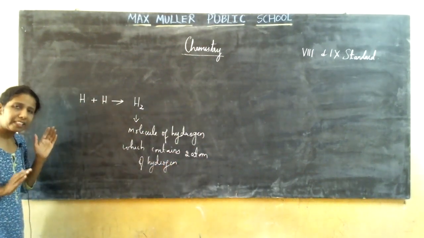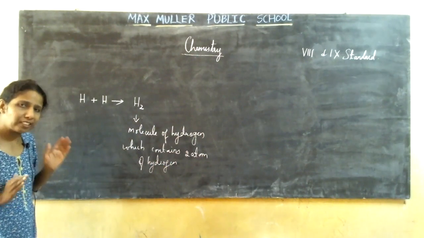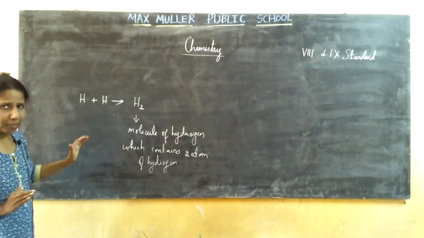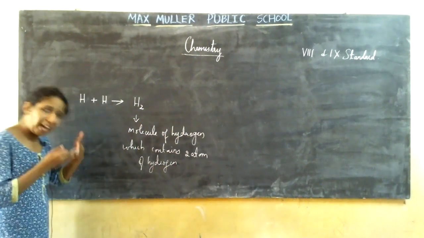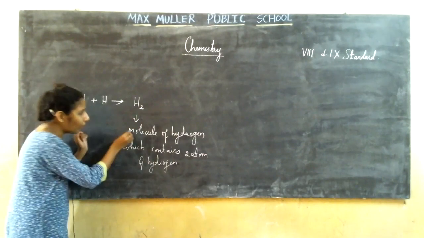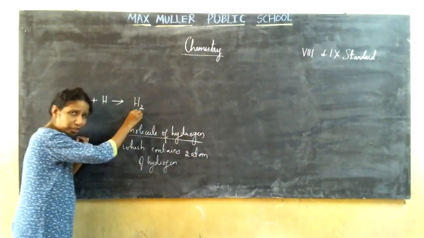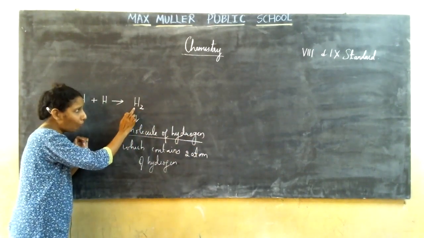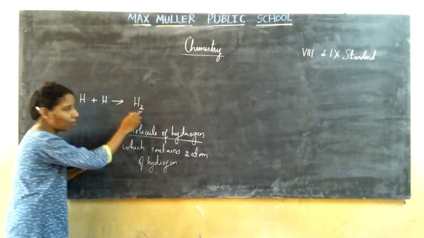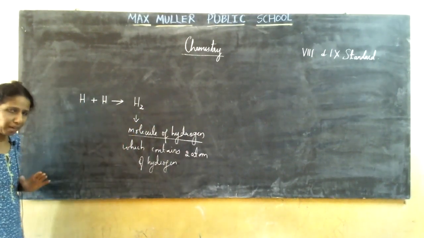Hydrogen atom does not exist on its own. That is, a hydrogen atom does not exist independently. So it combines with another hydrogen atom to form a molecule of hydrogen. This represents a molecule of hydrogen which contains 2 atoms of hydrogen. Do you people understand this?